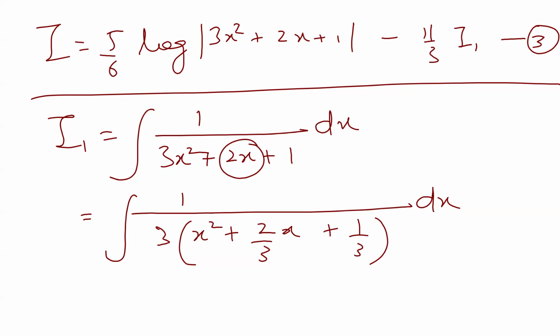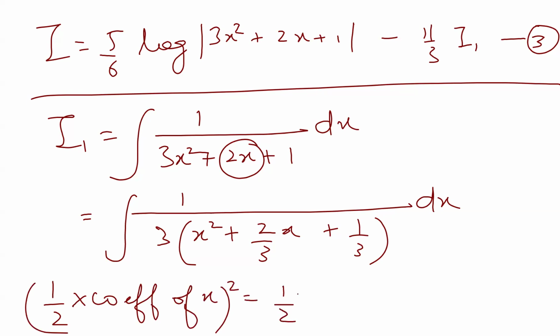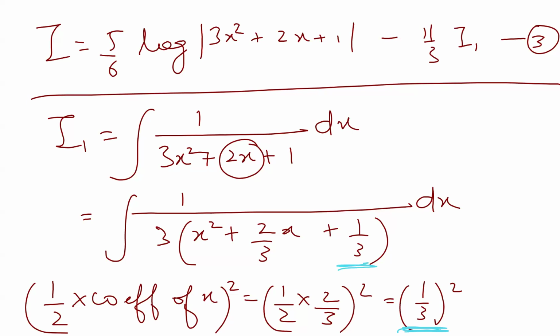Okay. So this will be half into coefficient of x, the whole square. Half into 2 by 3, the whole square. The coefficient of x is 2 by 3, so this is 1 by 3 the whole square. So I'm going to add 1 by 3 the whole square and subtract 1 by 3 the whole square, before the last term and after the last term.